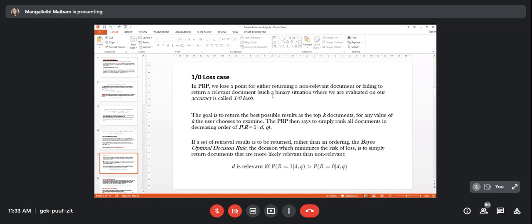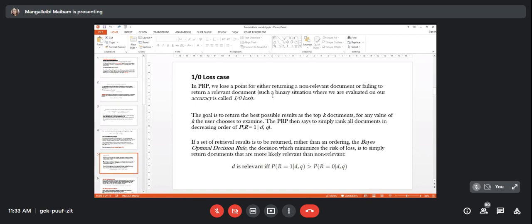So this probability ranking principle is going to rank all the documents. For this also, we will see examples so that you can clearly picture this condition.